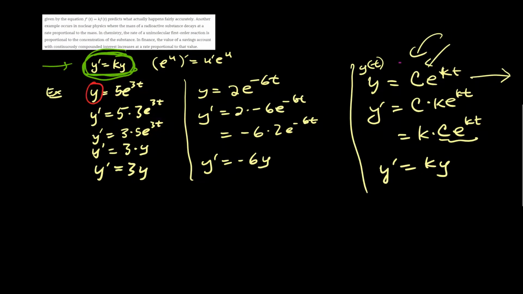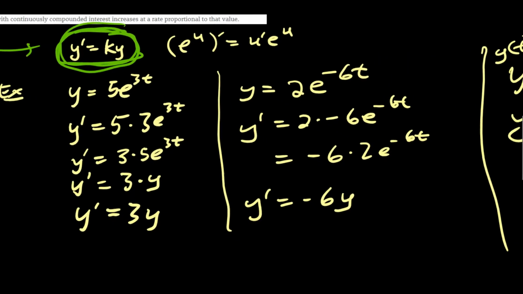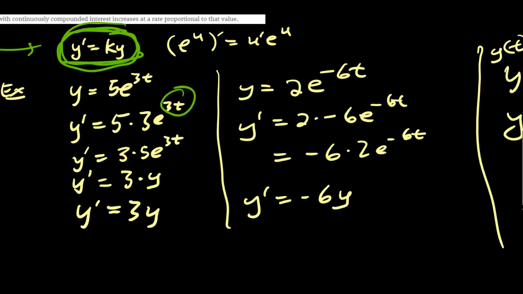If you notice on the problems that we did, the exponent was, let me break this bigger. The exponent here was positive and the exponent here was negative. So positive and negative.